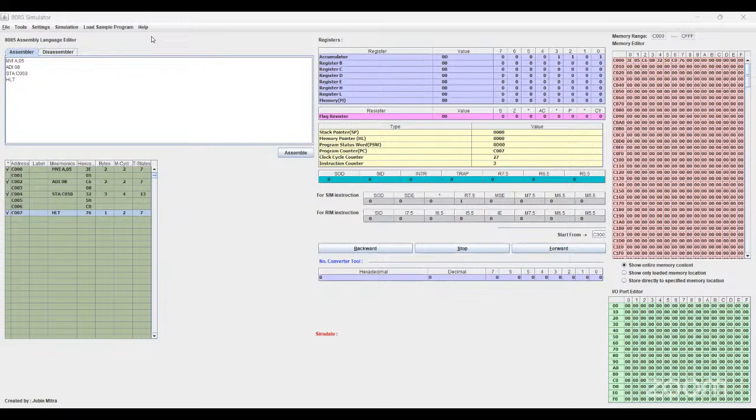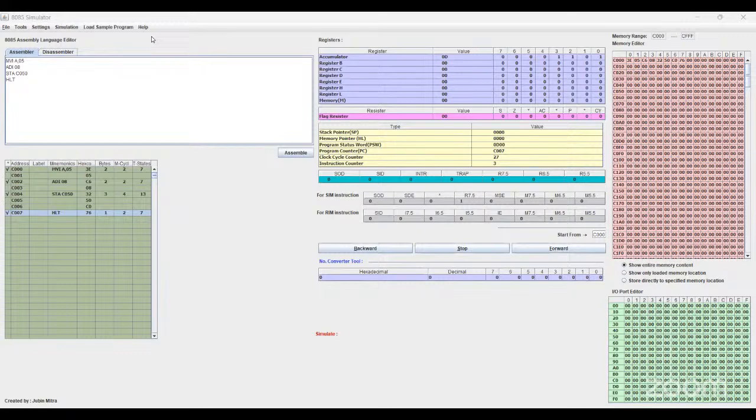So it will be the borrow and the register, all subtracted from the contents of the accumulator. So SBB R, SBB M.